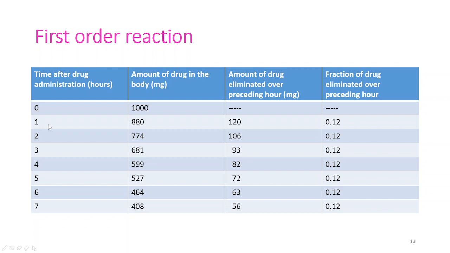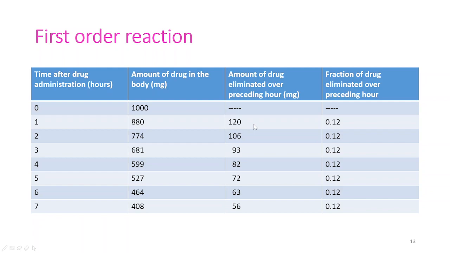If we deduct 880 from the 1000, we get 120 milligram of drug that has been eliminated. This 120 milligram represents a 0.12 fraction, or 12%, of the 1000 that was initially given.